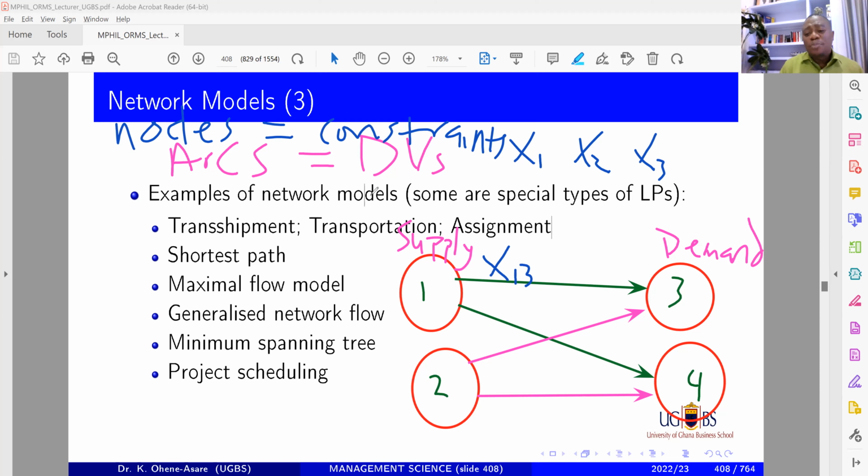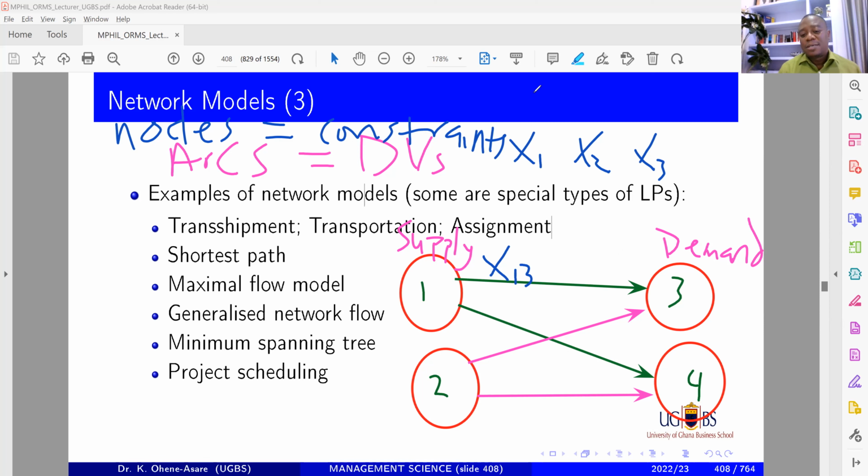What would be the decision variable if I were to transport something from supply node 2 to demand node 4? That's X24. And which arc is going to represent that?